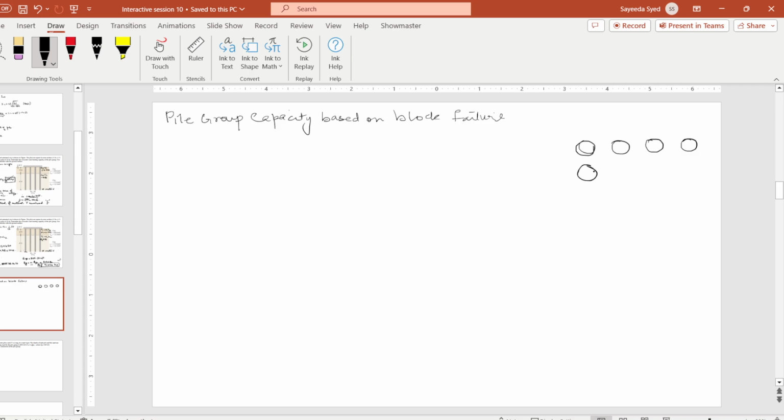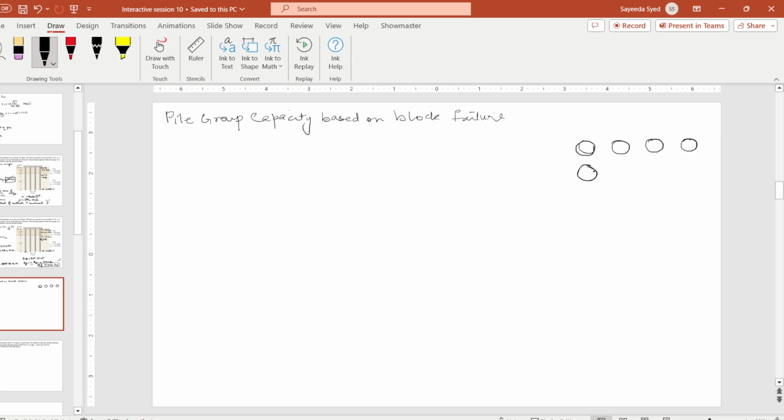This will be 4 minus 1 times 35 plus the pile diameter, which is 14. 119 inch, approximately equal to 9.9, approximately equal to 10 feet.